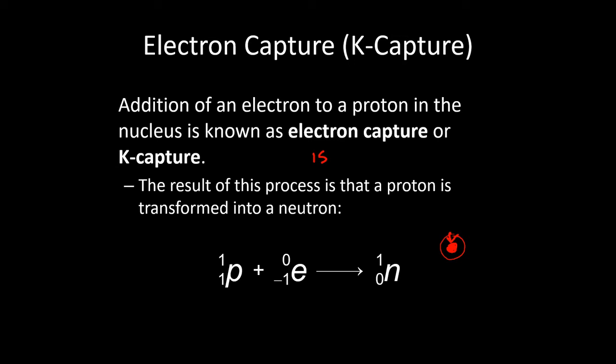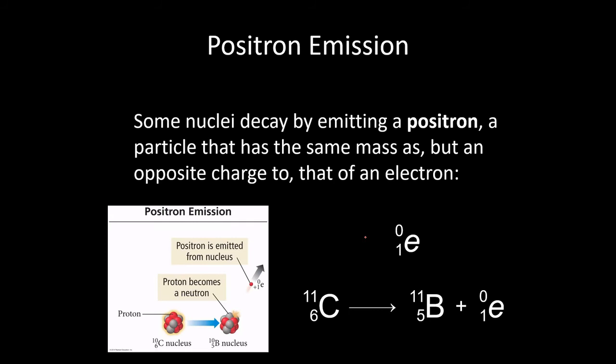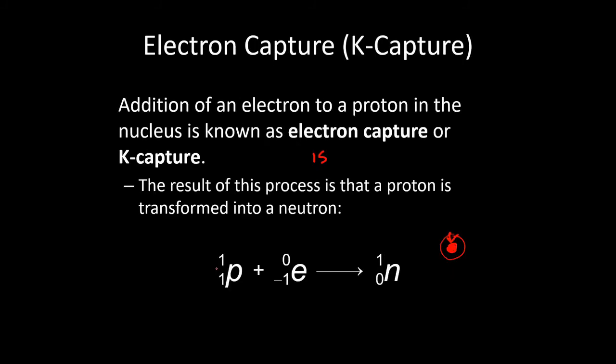It's from the atom itself. And so it sucks in that electron and it turns a proton into a neutron. So this is, in the end, the same result as positron emission, a proton turning into a neutron, but it is a different process. There's a different method for this happening.